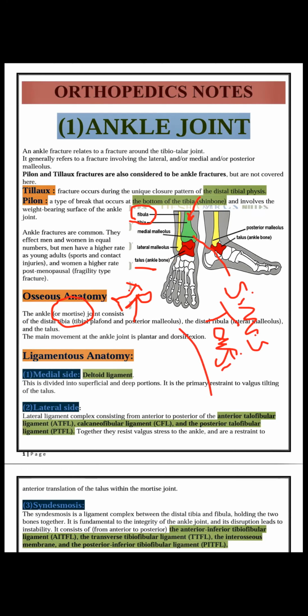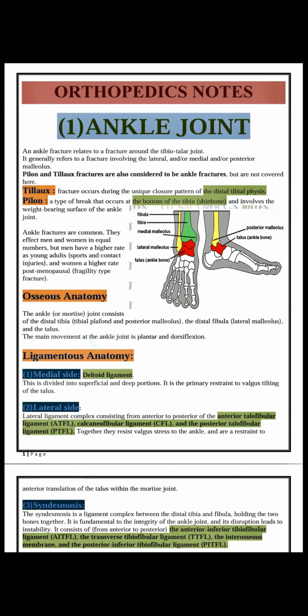Then we have ligamentous anatomy. What are the ligaments attached to the ankle joint? Medial aspect, lateral aspect, and at the level of the syndesmosis. On the medial aspect, you have the deltoid ligament. The deltoid ligament is related to the medial malleolus and the calcaneus from its medial aspect.